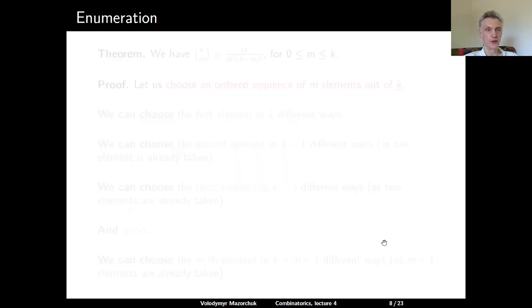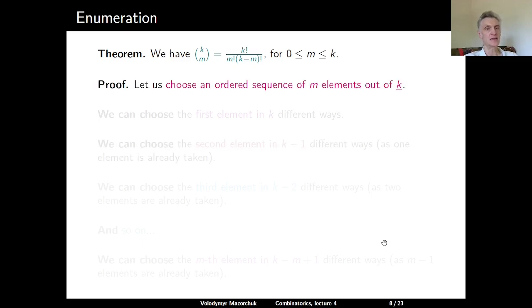Let's write down a formula for this binomial coefficient k choose m. Theorem: k choose m equals k factorial divided by m factorial times (k minus m) factorial for any m between 0 and k. Proof: let us choose an ordered sequence of m elements out of 1, 2, 3, and so on up to k.